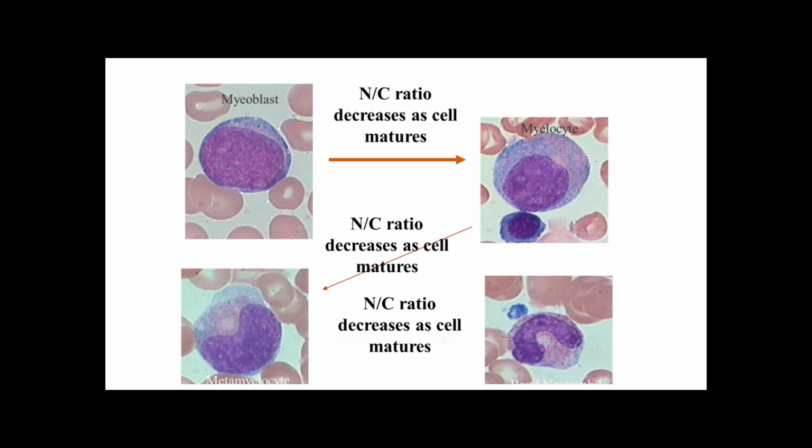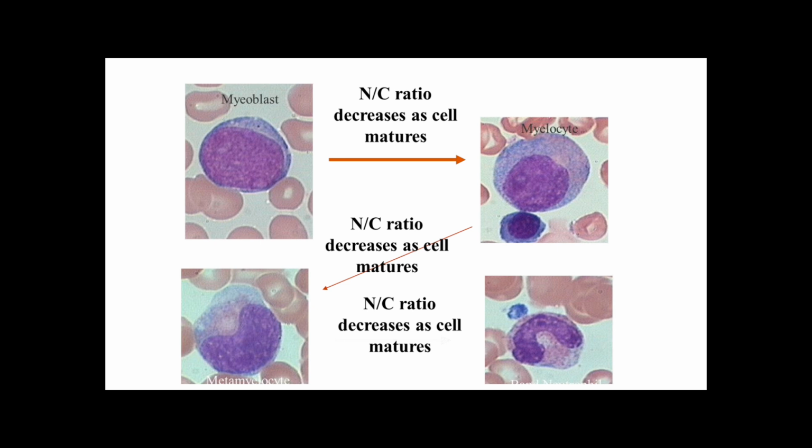It is the next stage of the blast series: the myelocyte. So the myeloblast becomes a myelocyte. During that time, the nuclear content is reduced and the cytoplasm is increased, right? Again, these myelocytes become metamyelocytes, left side, second picture.